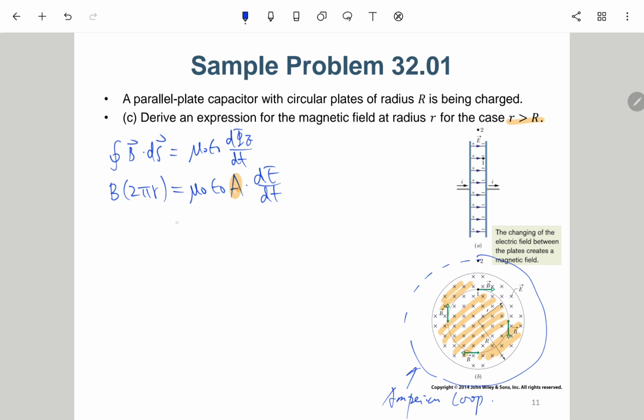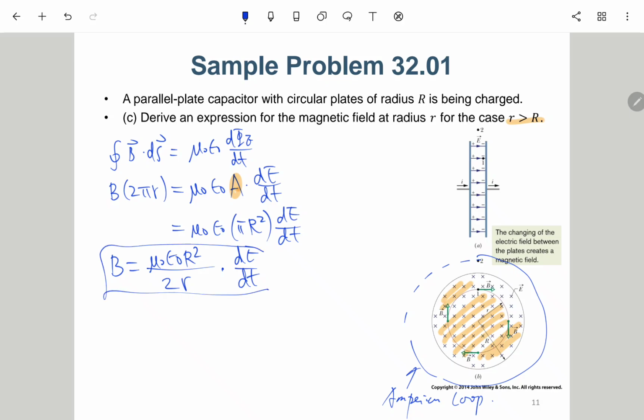So in that case, we should use pi capital R squared instead of pi small r squared, times dE dt. So B should be mu naught epsilon naught capital R squared over 2 small r, times dE dt. Okay, so this is the expression for the B field outside the capacitor.